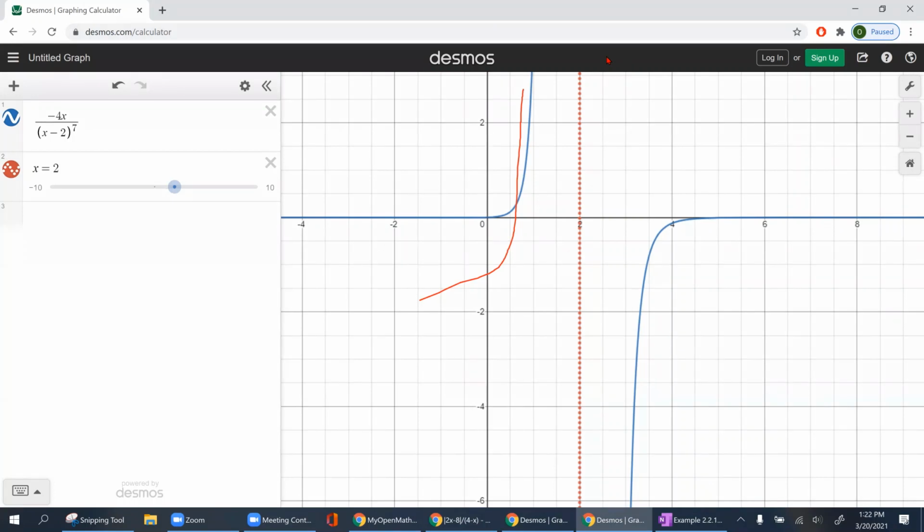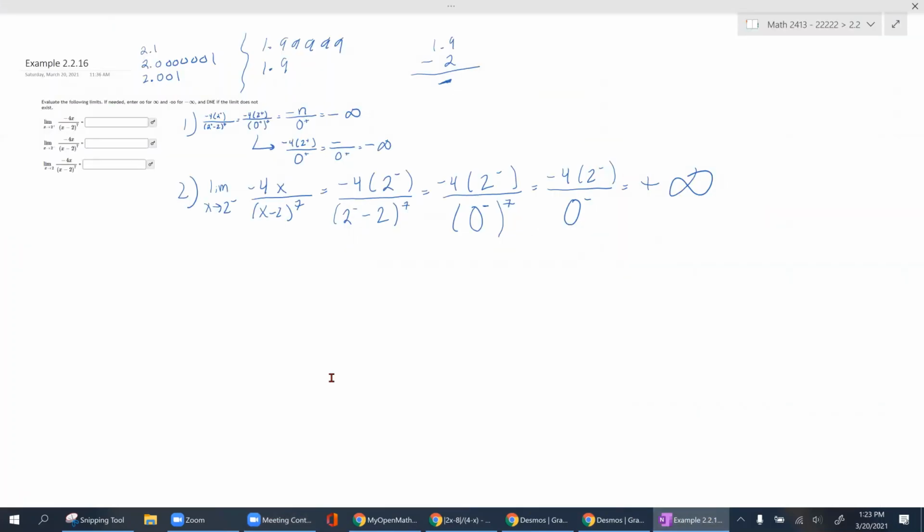And if you're approaching 2 from the right, that arrow is going downward, and downward in terms of y is negative infinity. That's what we have here. As you approached from the right, it was negative infinity. As you approached from the left, it was positive infinity.